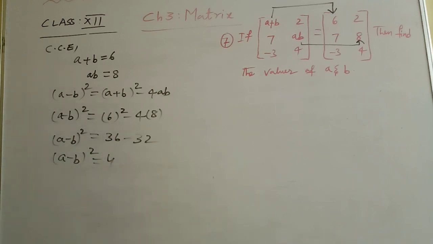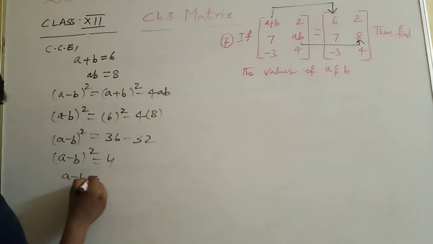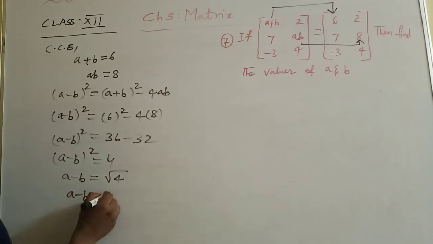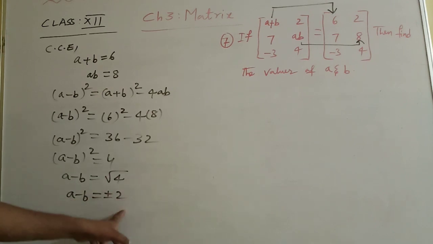So A minus B is equal to square root of 4, that means A minus B is equal to plus or minus 2.